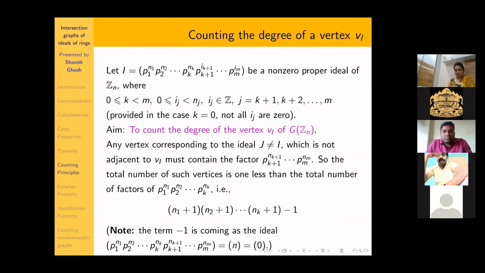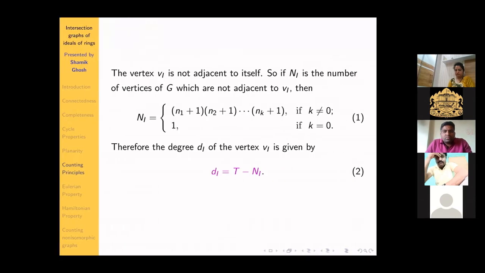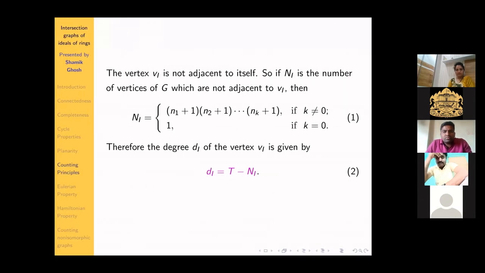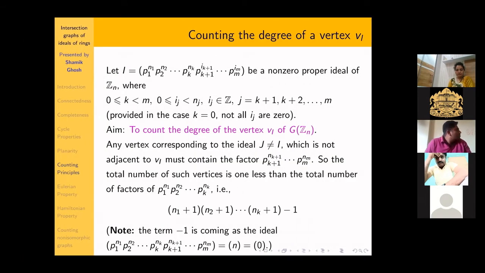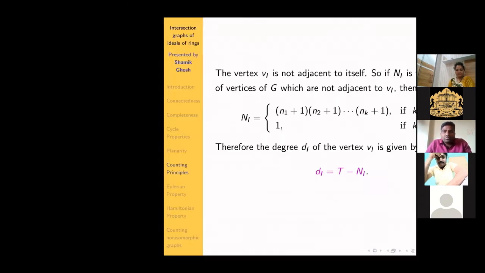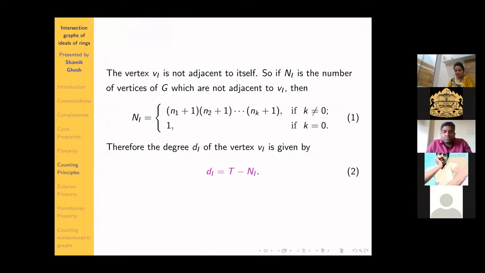This number, and the vertex is not adjacent to itself, so this minus 1 will be added back as plus 1. So you see that the total number of vertices which are not adjacent to that particular ideal is (n1 + 1)(n2 + 1) up to (nk + 1).